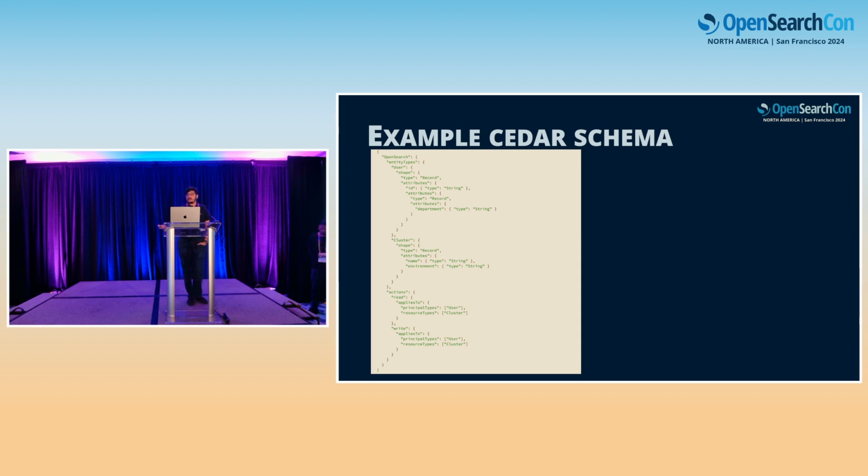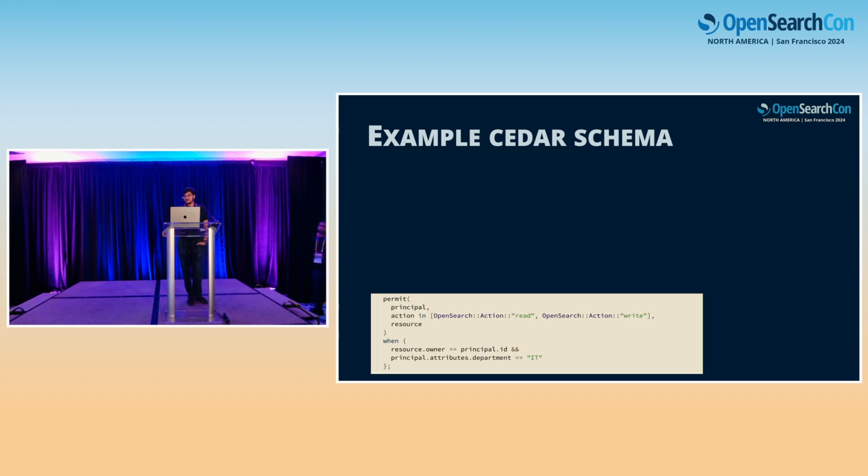So if you had a schema like this, you could write a simple policy which says if the resource owner matches the principal ID, or the owner of the resource is the same as the logged-in user, and their department also matches IT, something very hard coded. If you don't need dynamic authorization and your use case is static, this could work as well.